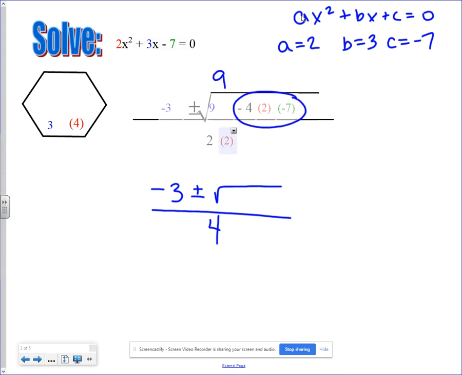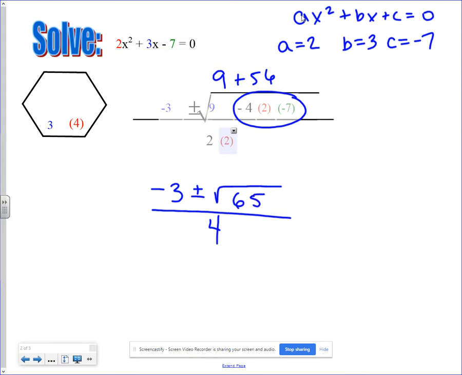So I'm going to multiply these last 3 numbers together. So I got negative 4 times 2 is negative 8. Negative 8 times negative 7 is going to be positive 56. So I'm going to put plus 56 here. So I got 9 plus 56. 9 plus 56 is 65.